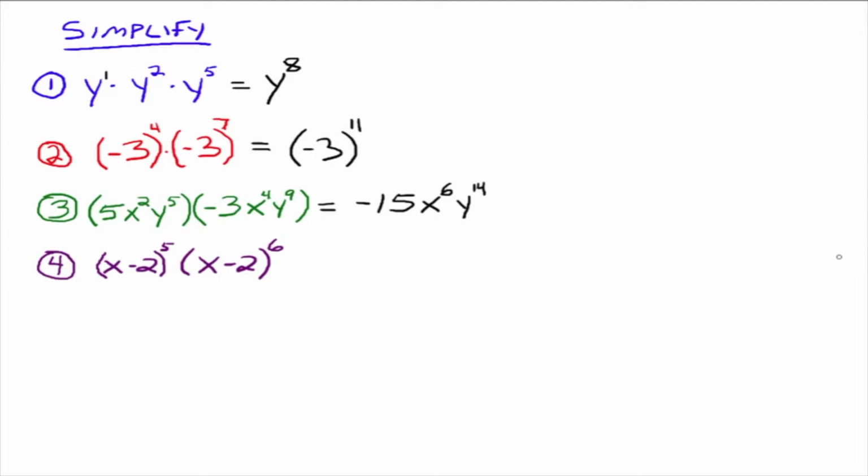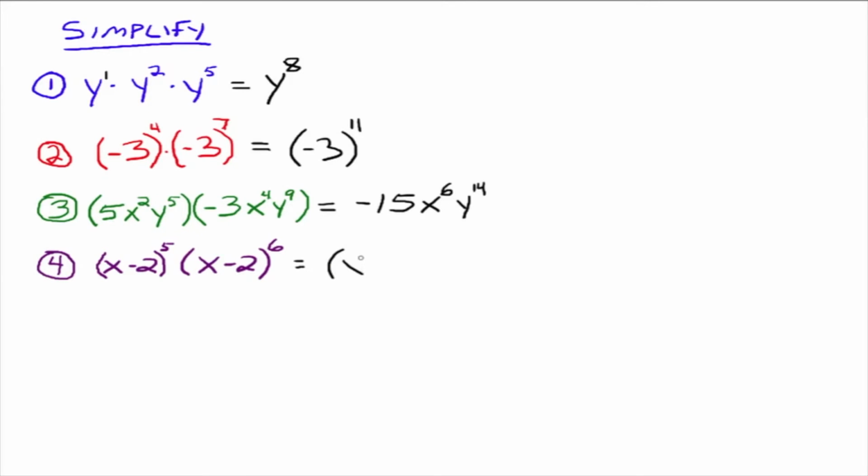All right, now I've changed it up a little bit. The bases don't just have to be one-term things like in the previous examples. Down here, x minus 2 is the entire base for this 5 because we have parentheses around the x minus 2. So x minus 2 here is the base for the 6. We're multiplying these two things together, and we see that x minus 2 is the base for both of them.